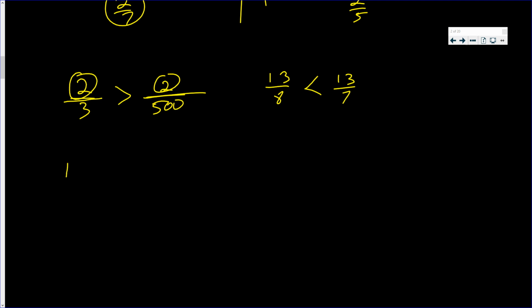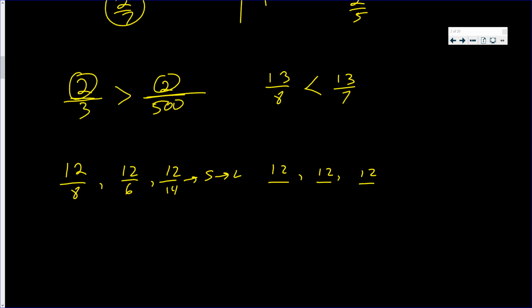Now, suppose you have 12 over 8, 12 over 6, and 12 over 14. And we want to go from the smallest to the largest. Well, the numerators I can put down in the right order because they're the same.